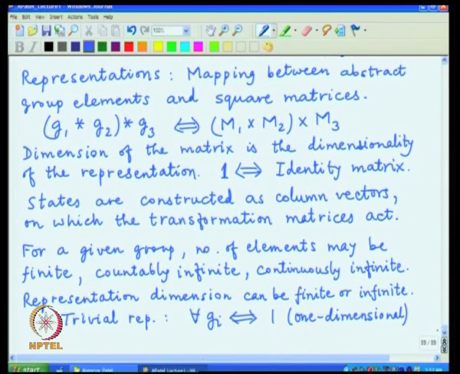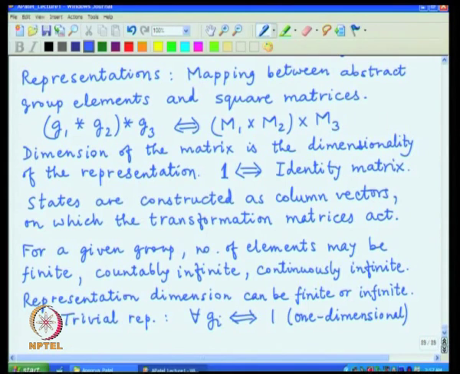Any other representation will be referred to as a non-trivial one, and for a particular group there will be some non-trivial representations if there has to be a correspondence to a non-trivial physical problem.